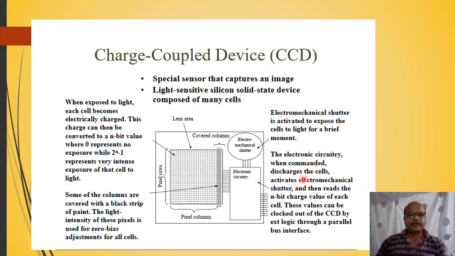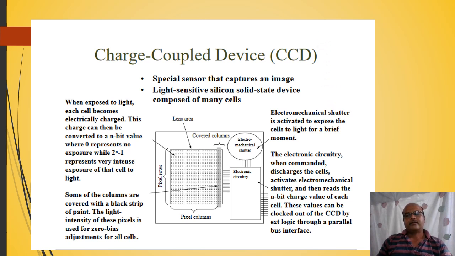When commanded, it discharges the cells, activates the electromechanical shutter, and then reads the n-bit charge value of each cell. These values can be clocked out of the CCD by external logic through a parallel bus interface. So this is additional detailed information on charge coupled devices.